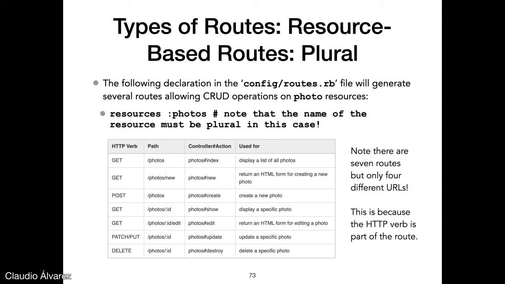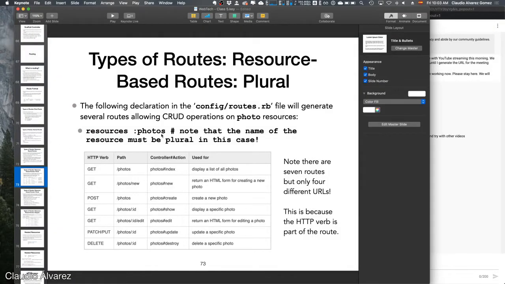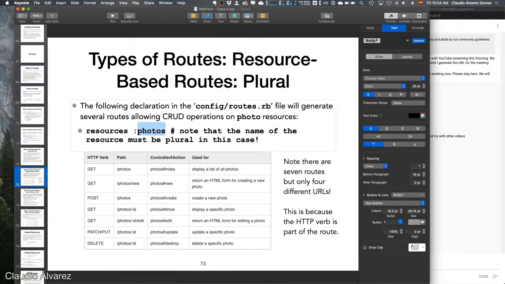For instance, you've got photos. Photos is a plural resource because you have many photos in your domain model. So you declare in the routes.rb file, photos, as a plural resource.